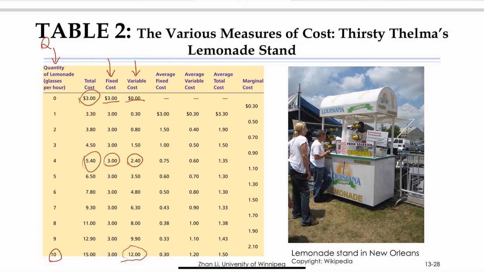And now let's find out average fixed cost. By definition, it is really the fixed cost divided by quantity, right? So you can see here, we can just pick any row, right? Let's pick this one.